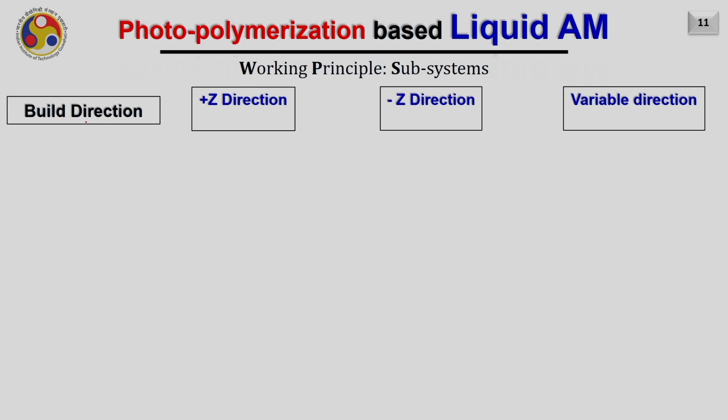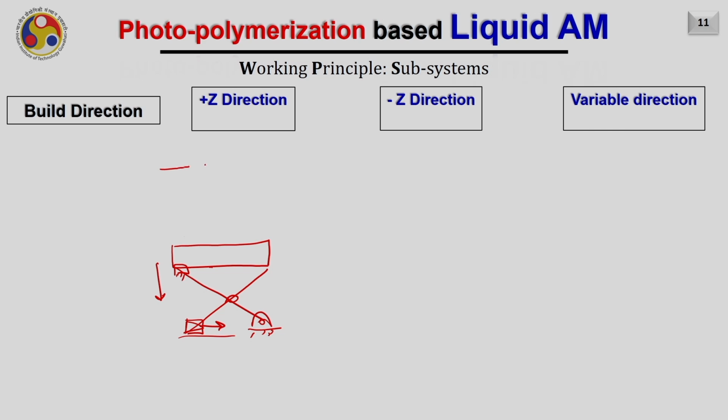The next very important subsystem in the liquid additive manufacturing machine is the build direction. The platform available for building the part can build it in Z direction. In that case, for example, this is the build platform, it will be attached with some mechanism, for example a scissor lift, and when this particular portion will move, it will go down.